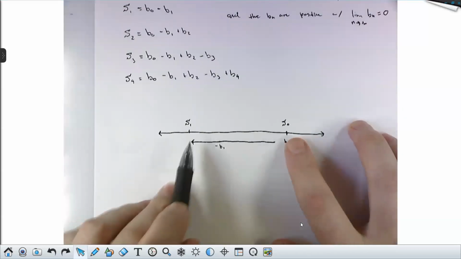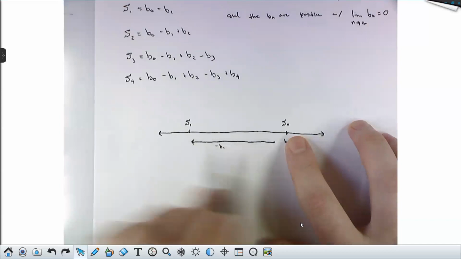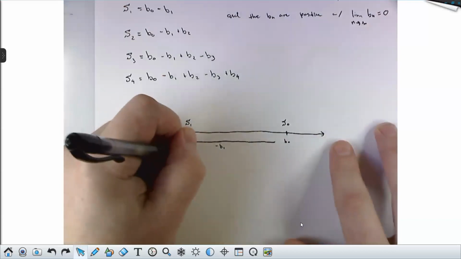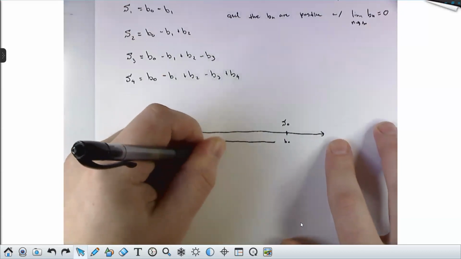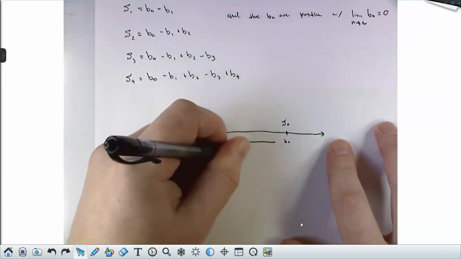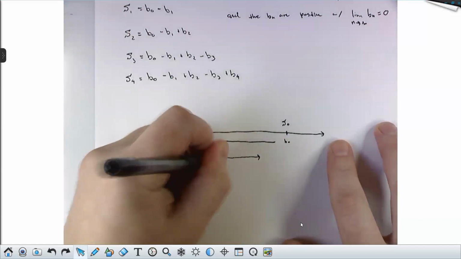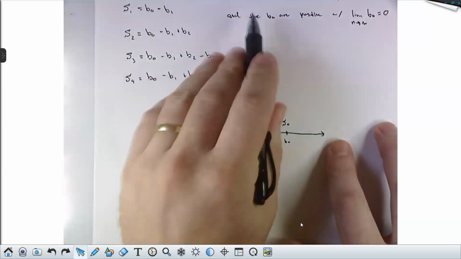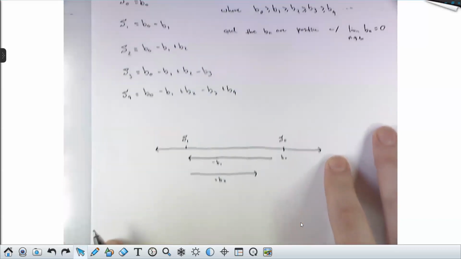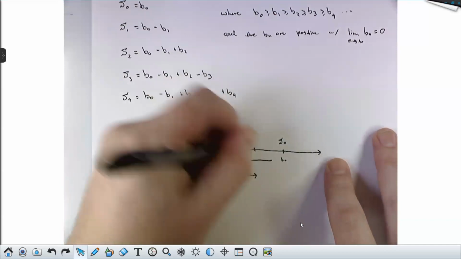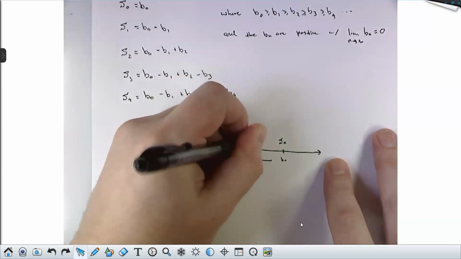The distance from here to here is B1. I subtracted B1. And like I said, to go from S1 to S2, I'm going to go back to the right because we're adding something positive. But the thing I'm adding has to be smaller than the thing I just subtracted because the Bn's are assumed to be decreasing. So right here could be S2.